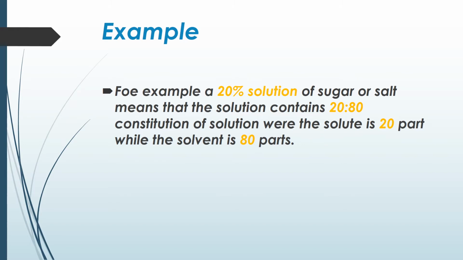If we take a 20% solution of sucrose, or sugar, or salt, it means that the solution contains 20 parts of solute, and the remaining 80 parts are solvent.